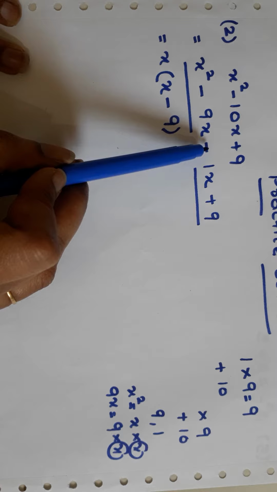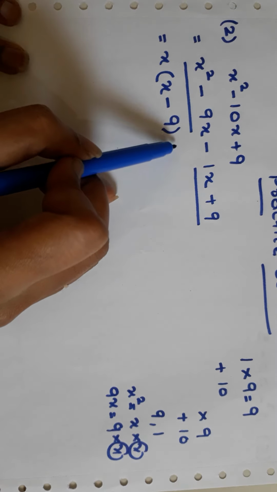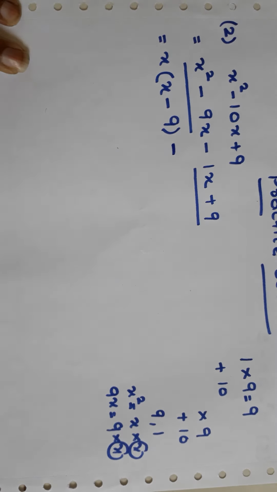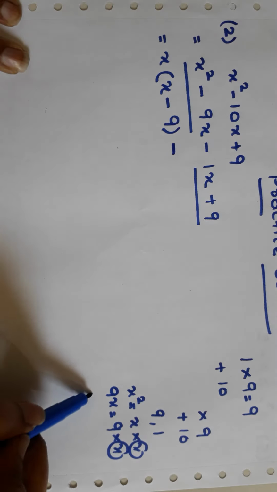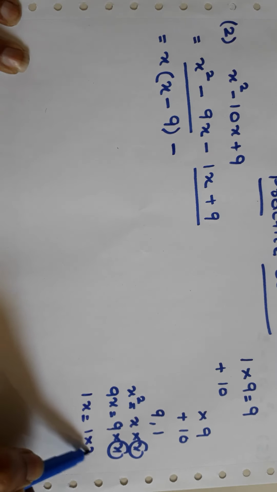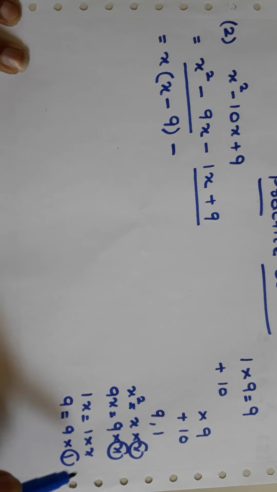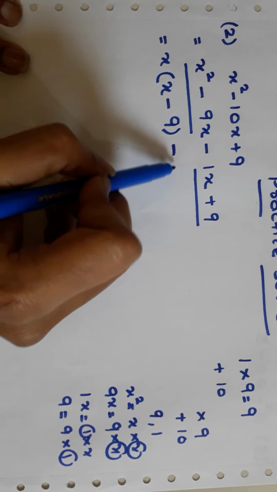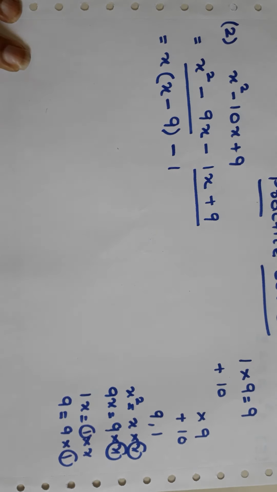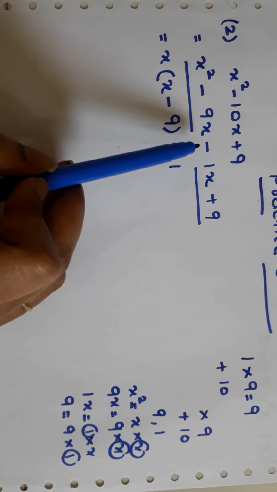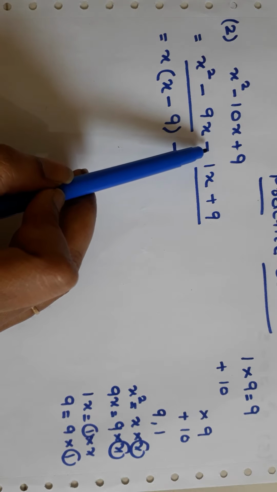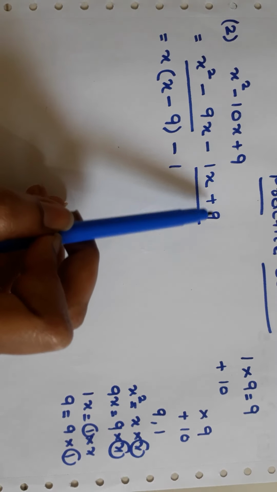Whenever there is a minus sign here, take minus also outside. Take minus common. 1x is 1 into x and 9 is 9 into 1. So 1 is common in both the terms. So take 1 outside. I told you whenever you take minus common, the sign of both the terms will change.